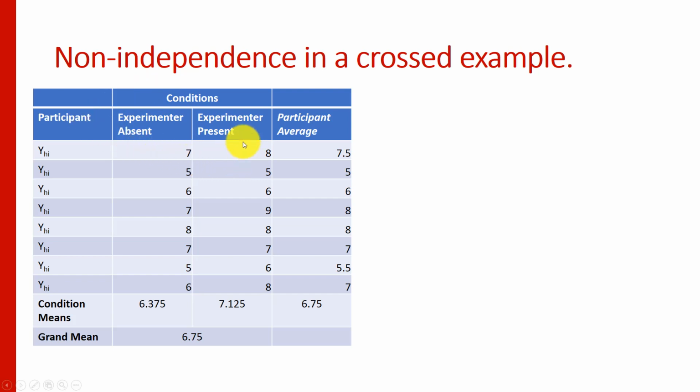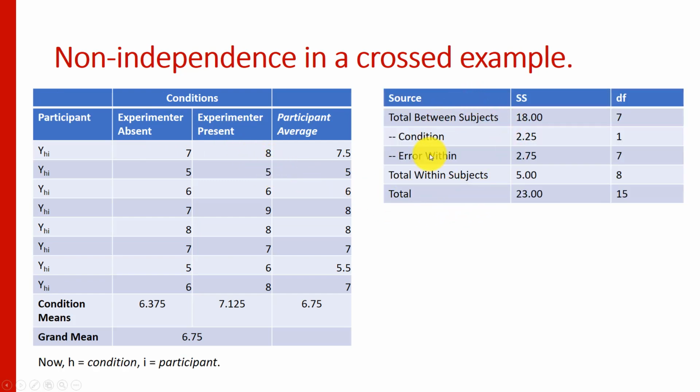Control for the fact that observations from one person are more alike than they are different. Once we remove that variation, then we can do a fair test of the effect of condition in order to fairly say what happens to anxiety when the experimenter is absent versus when the experimenter is present.